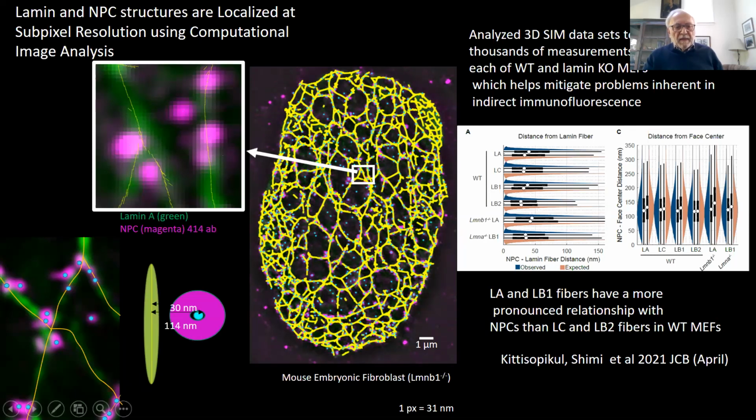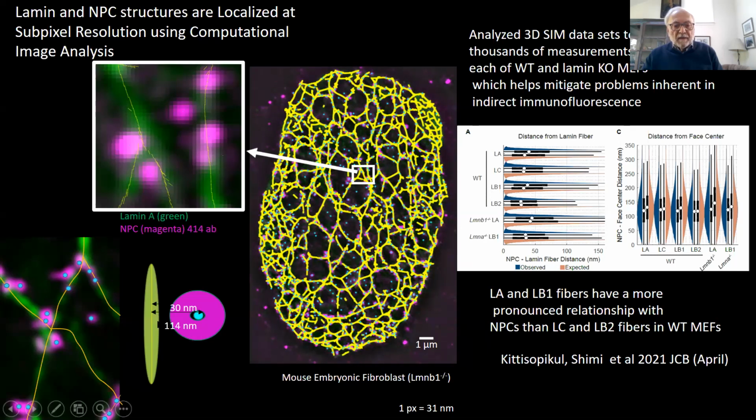And he could define this by subpixel analysis, and then also could define the center of each of the pore complexes, which were a small round dot, but he could determine the center of that spot. And what we found is that consistently the lamin fibers are approximately 30 nanometers away from the pore.